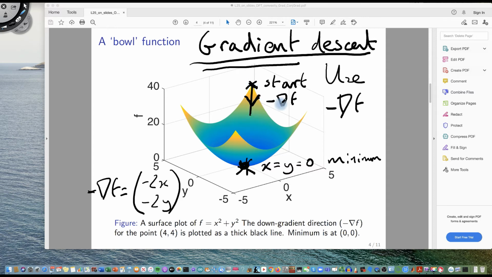This is the idea, that if we've only got local information about the function, minus grad f, we can navigate towards the minimum on the surface. So the 2D optimization methods we're going to consider all involve the gradient. The conjugate gradient will be a modification. It'll become apparent when we get there how that one works, but they're both related.